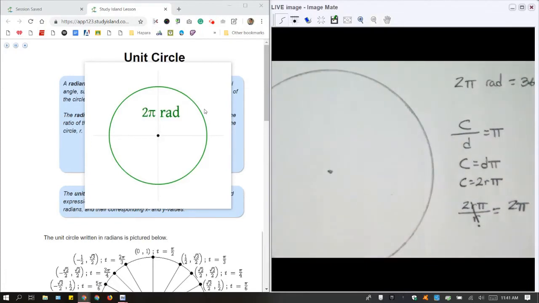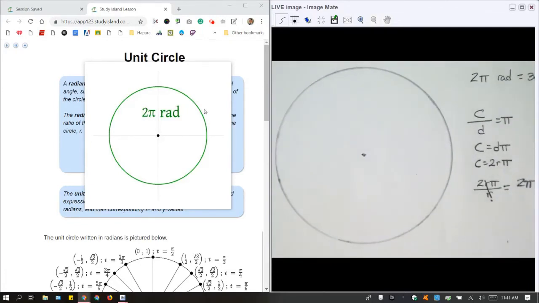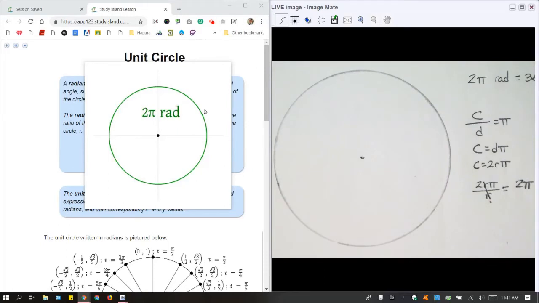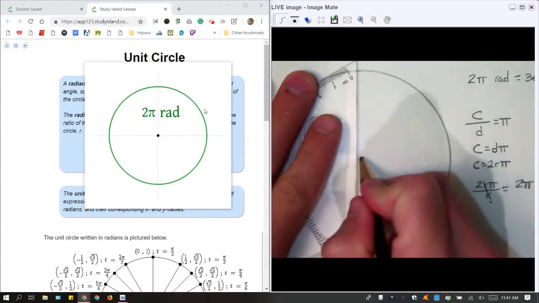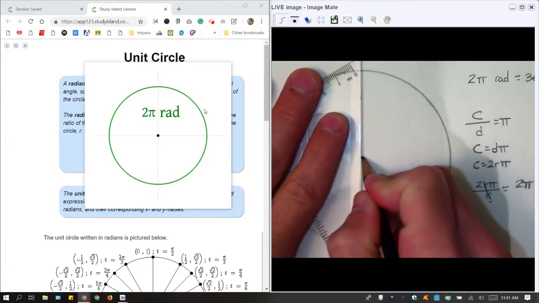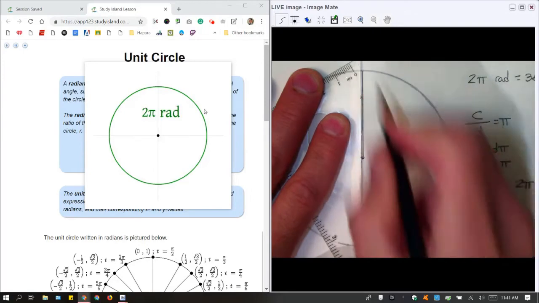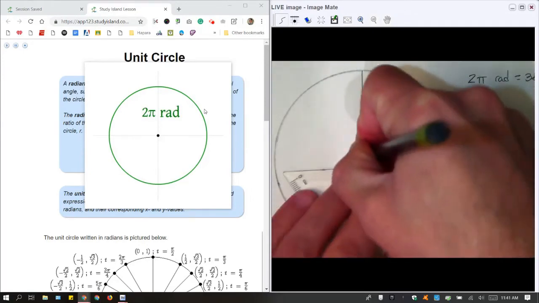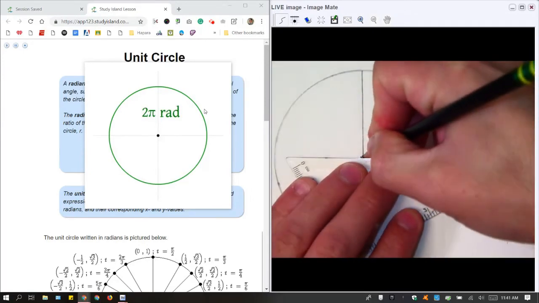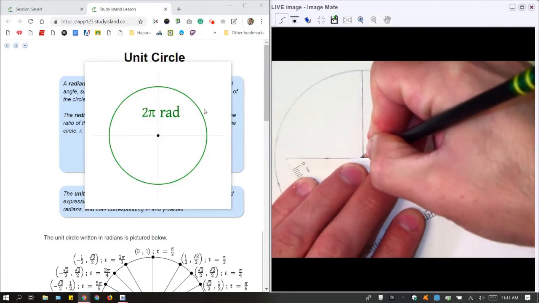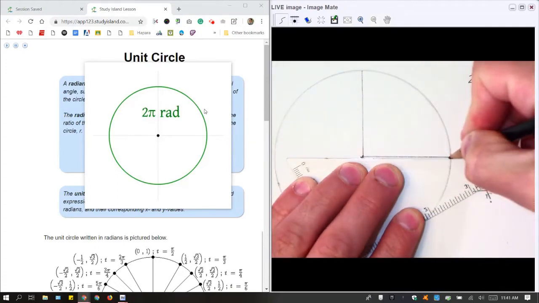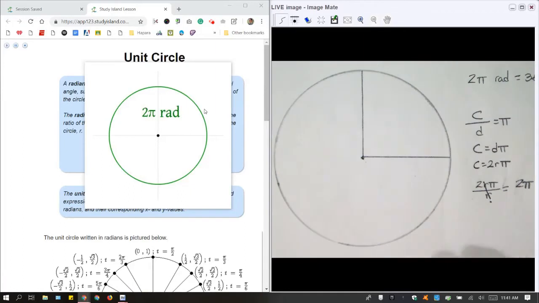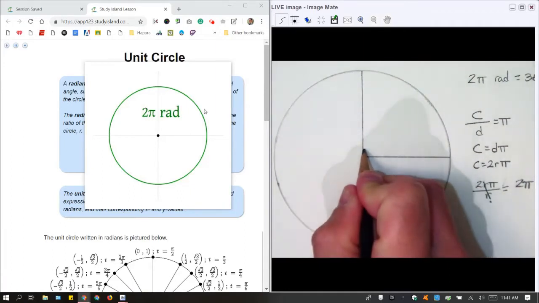Make sure you can actually see the circle. Now, let's say that we have on this circle a 90-degree angle right at the center. I didn't do an actual construction of a 90-degree angle. Let's just assume that I did it right.